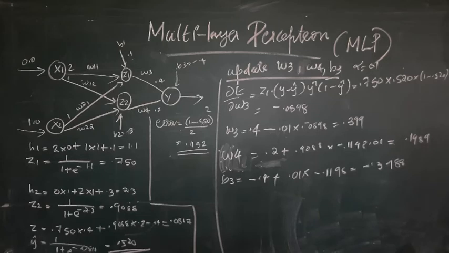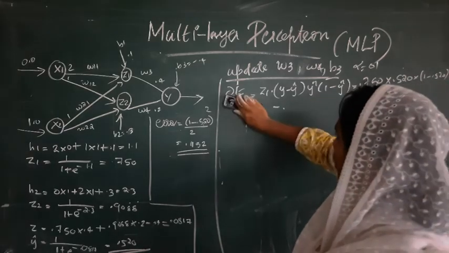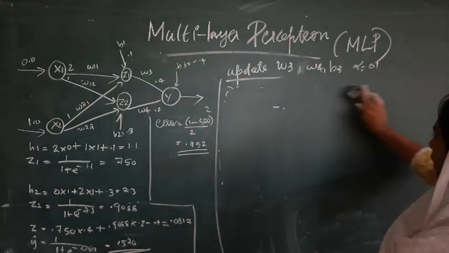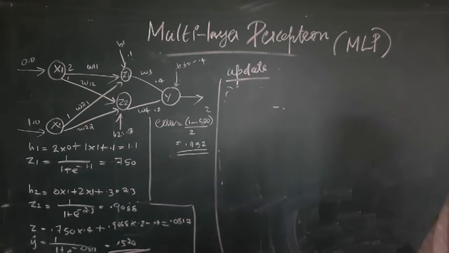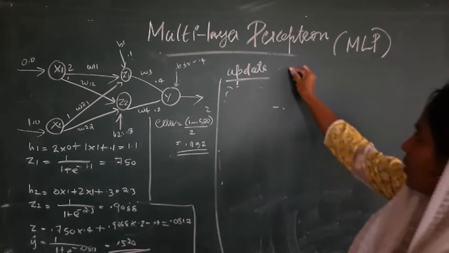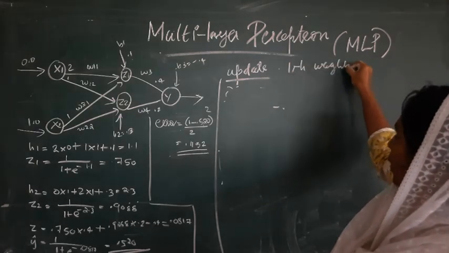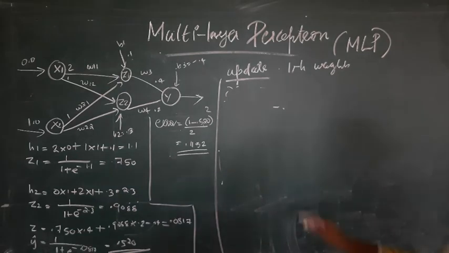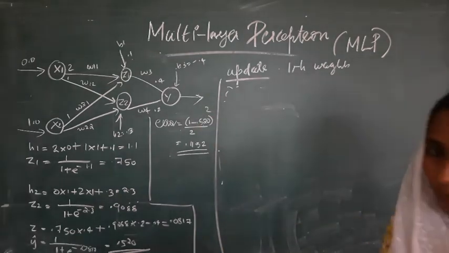Now you can do the very same for updating weights in the input to hidden layer, that is W11, W12, W21, W22 and the input to hidden layer biases.